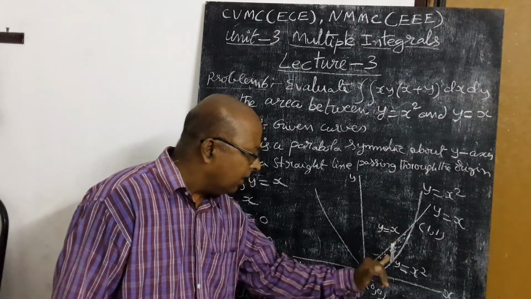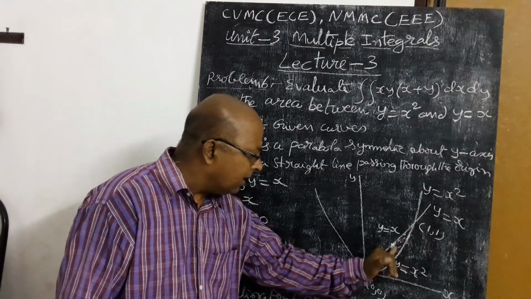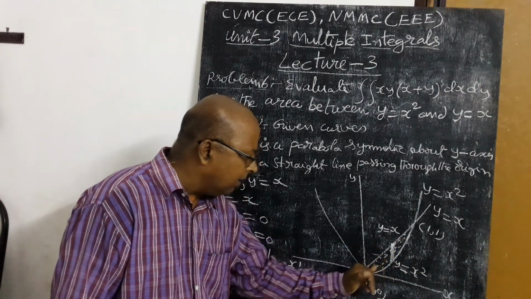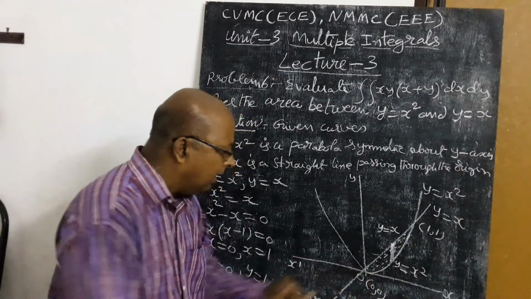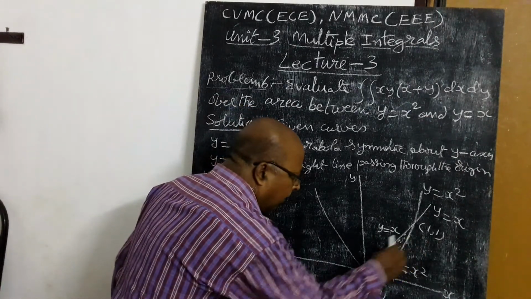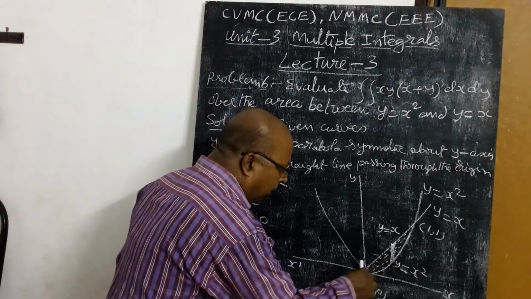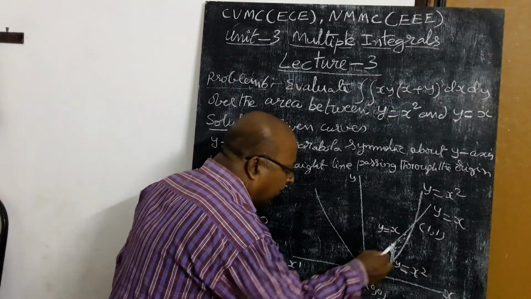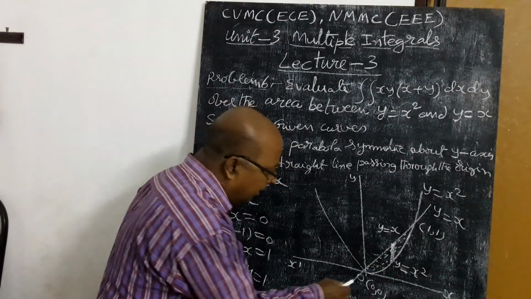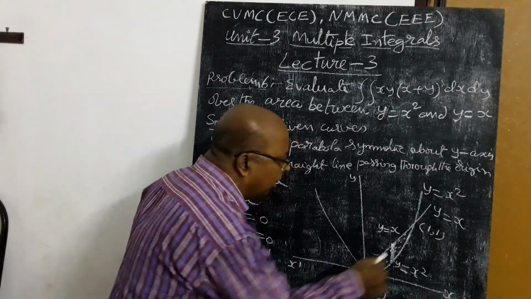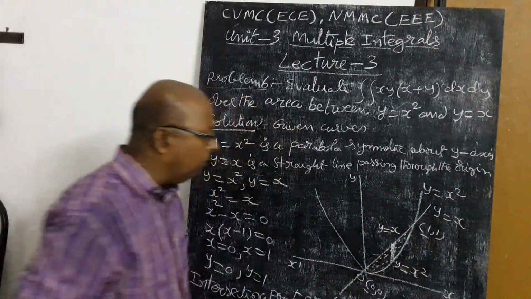This is the variable strip, moving the strip like this. Here the width is very, very small. So how to get the x limits? Moving the strip along the x axis to cover the dotted region, x is equal to 0 to x is equal to 1.